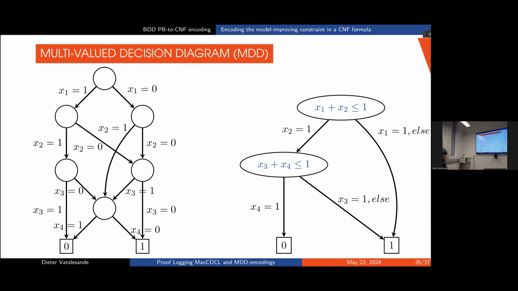In general, if you're building reduced BDDs, they will just, if they see that you have the same two children, reuse the node. So there's nothing stopping you from building a BDD representation of a collection of PB constraints. Kind of what MaxSAT is. So it's ringing bells in many ways, but anyway.